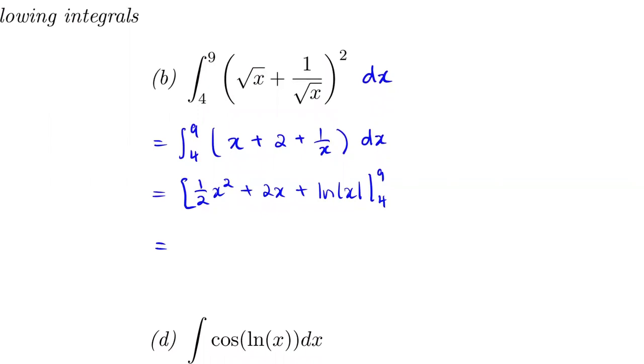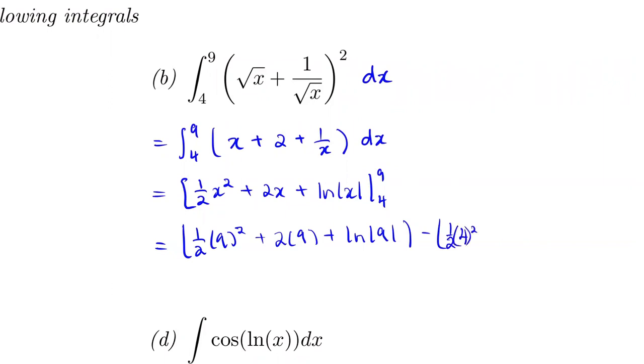So this value would just be half of 9 squared plus 2 times 9 plus ln of 9, minus half of 4 squared plus 2 times 4 plus ln of 4. You could evaluate this to find this value on your own or try it.